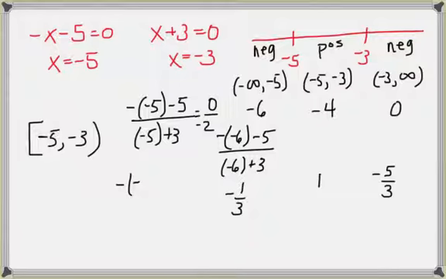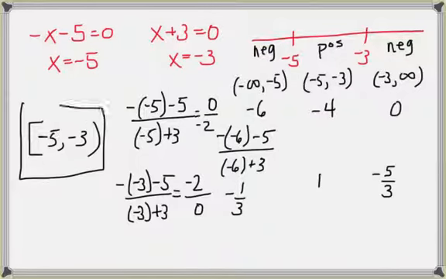I want to test it to make sure it's not equal to 0 there. In this case, I get negative 2 divided by 0, which is undefined, which means it's not included. So I do want to keep that as rounded. So final answer: negative 5 to negative 3, where we include negative 5 but do not include negative 3.